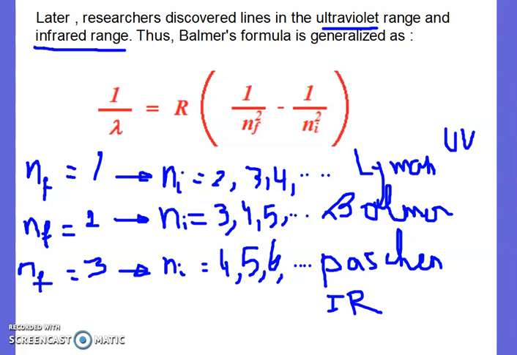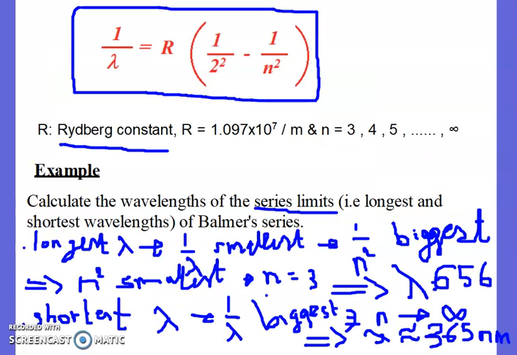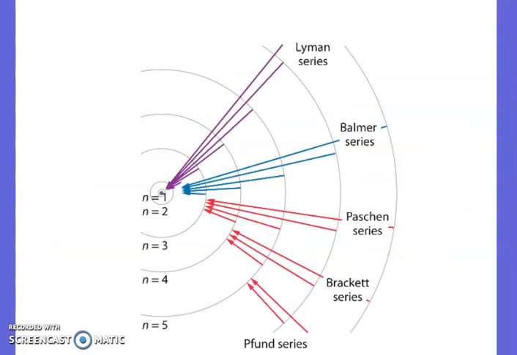Clear? So if you go back to our lamp, here we obtain the Paschen series. This is the Balmer series, and here, which is also not visible, we obtained the Lyman series. Okay? So we may represent these series in this diagram. Notice here, in the Lyman series, the final orbit is 1.